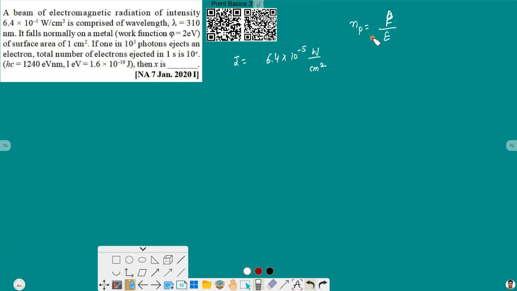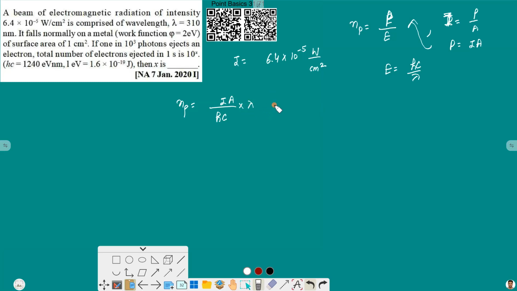First we calculate the power, and the relation between power and intensity is intensity equals power by area, so power becomes I times A. Now for the energy we need lambda, and energy will be hc by lambda. So the formula for the number of photons is I A divided by hc, with lambda in the numerator.